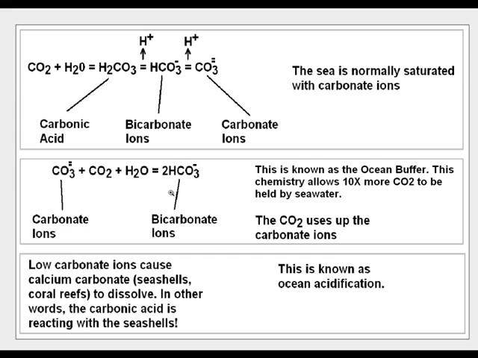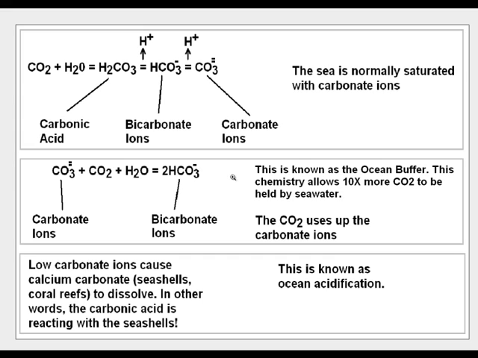Well, that's quite interesting, isn't it? Because we had bicarbonate ions here. So we have the carbonate ions which were created here. We add carbon dioxide. The carbon dioxide actually uses these carbonate ions to create bicarbonate ions.